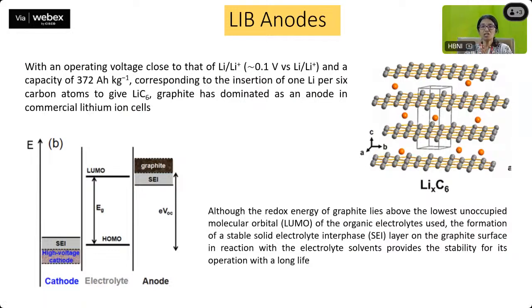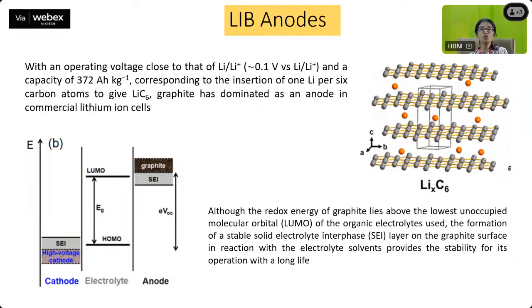But you have to also understand that I had also discussed what should be the chemical potential of the cathode and the anode, and how the electrolyte plays a very important role. And you ultimately lead to the formation of the SEI if these chemical potentials are not as per what is recommended for your electrolyte. So the redox energy of the graphite, if you see, lies above the lowest unoccupied molecular orbital of the organic electrolytes used.